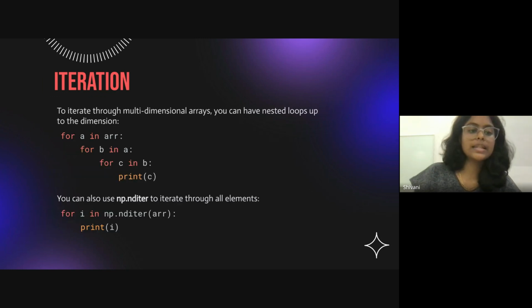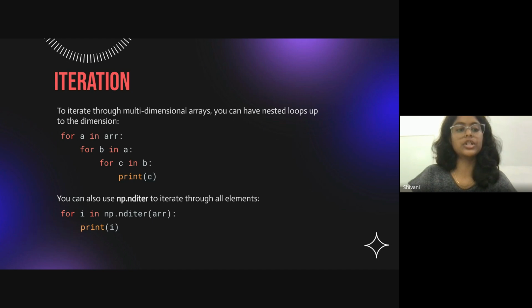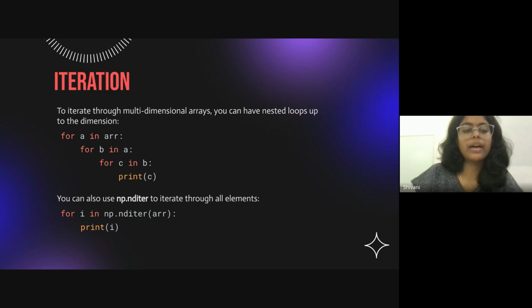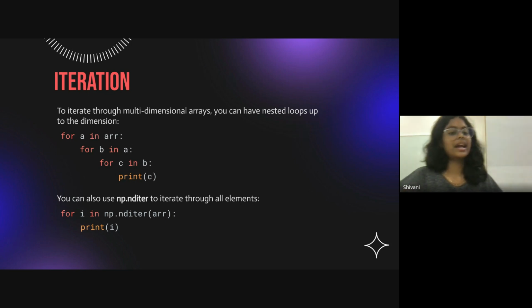So we can use nested loops to iterate through multidimensional arrays, or we can use np.nditer to iterate through all elements, including nested elements in a multidimensional array. And also np.nditer can also write into the element while iterating through it, but we will not cover that today.